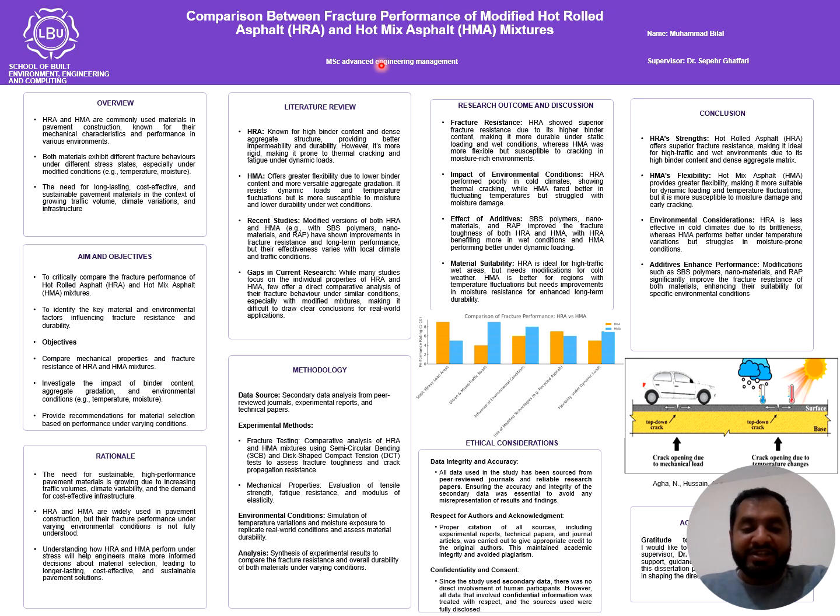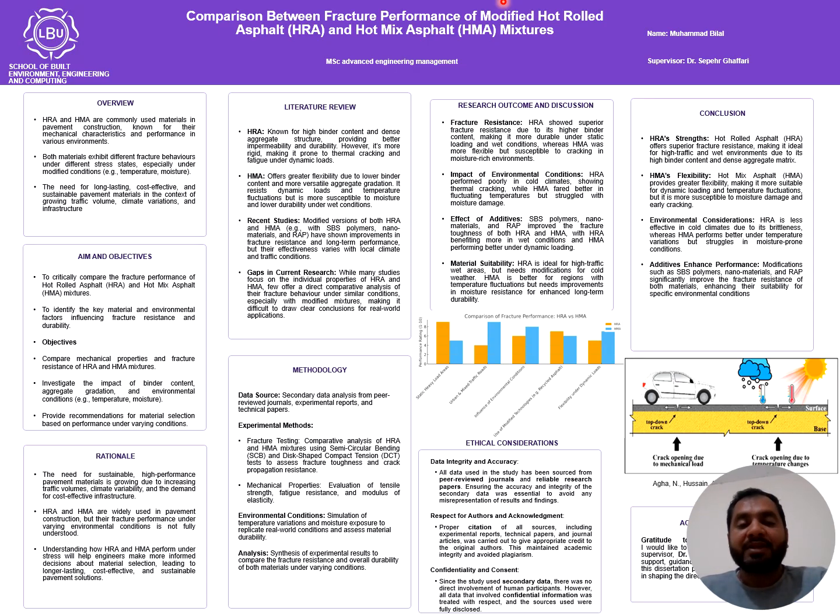Moving on to the literature review summary. The literature shows that HRA has a dense aggregate matrix and higher binder content, giving it excellent deformation resistance for heavy loads but making it brittle in cold climates.